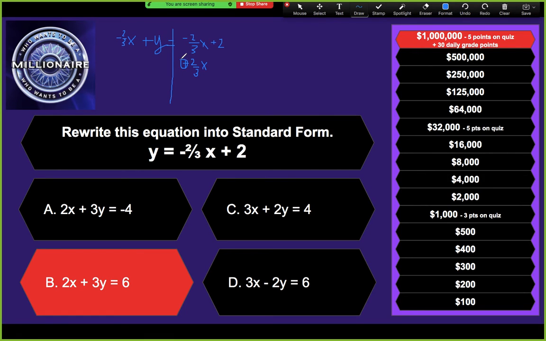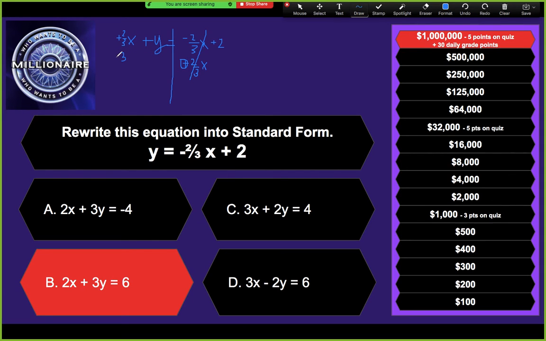I need to do the same thing on both sides. I need to add 2/3 x. All right, so I do that so that these can cancel. Well, now I have negative 2/3 x plus y is equal to 2. They're all positive, so I don't have to worry about switching them over to negative. The only thing I have left to do is to get rid of the fraction. Remember, I need to multiply every single thing by 3.